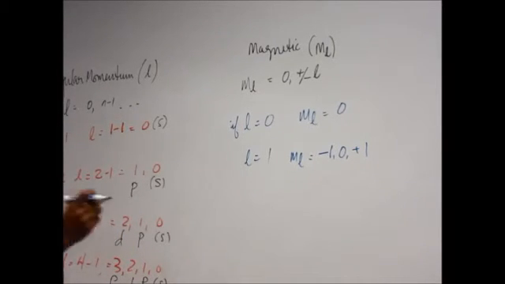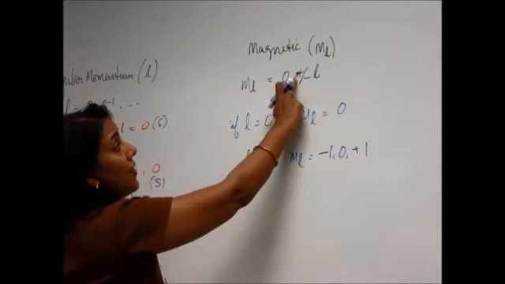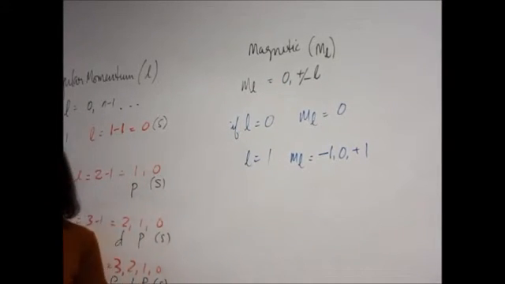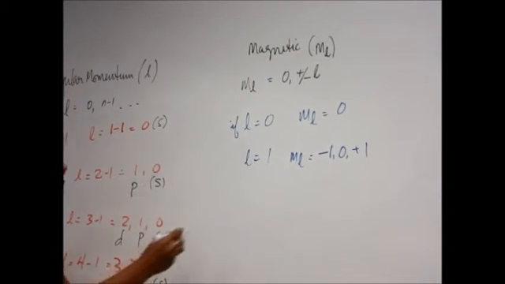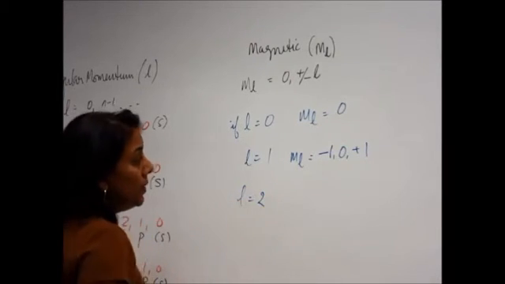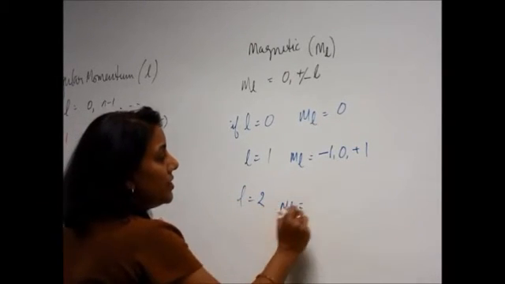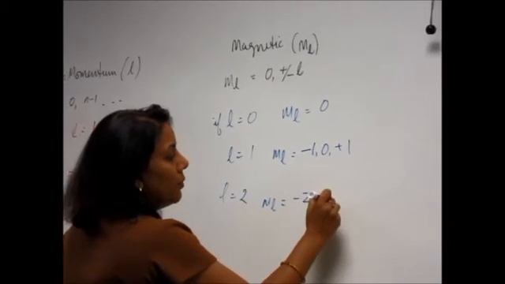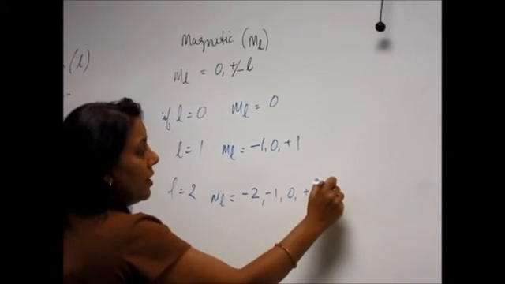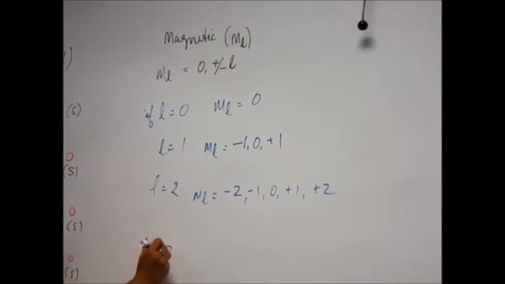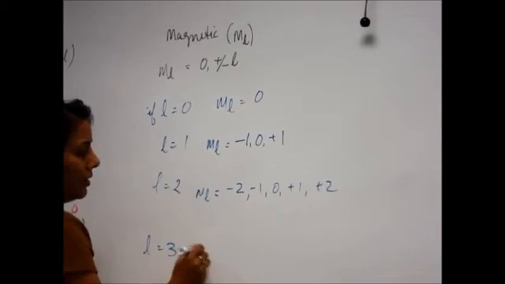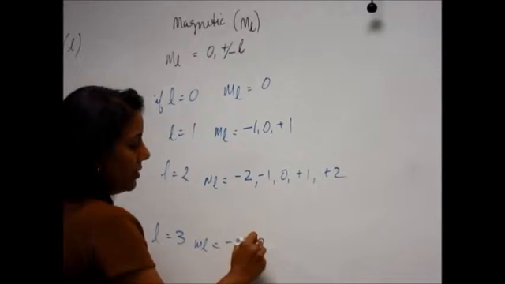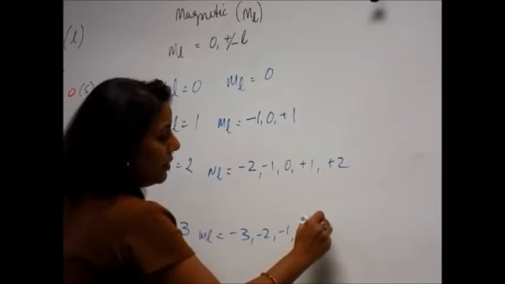So it's the full range. Okay, that's why it's the 0 and then plus and minus L. So all the way, okay, in there. When L is equal to 2, then ML is from -2 all the way to +2. So -2, -1, 0, +1, +2. When L is equal to 3, ML is from -3 all the way to +3: -3, -2, -1, 0, and so on.